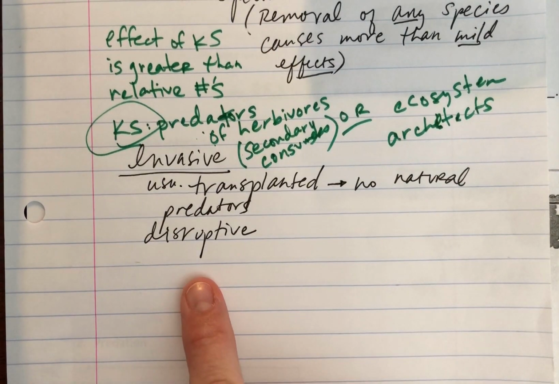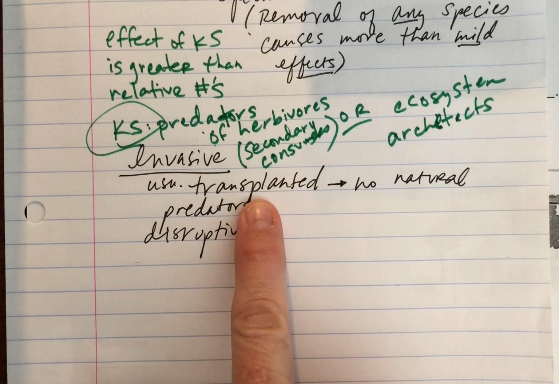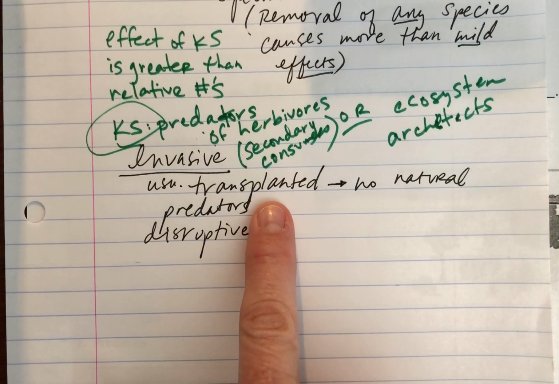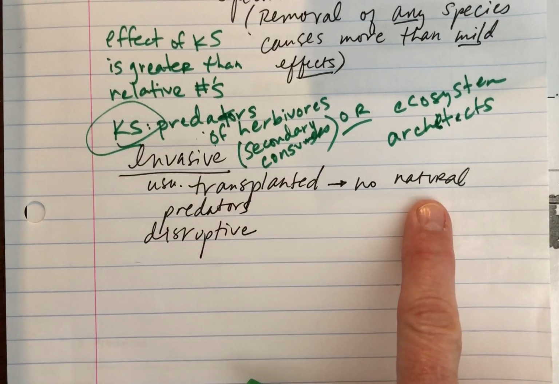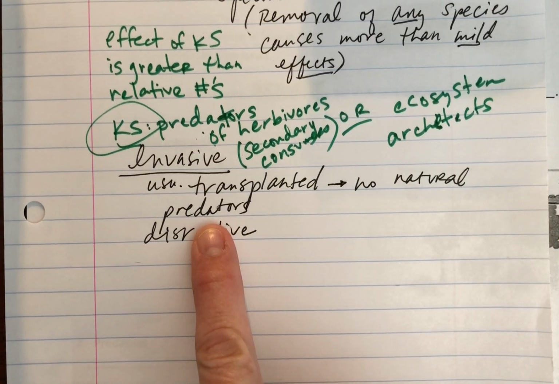A couple things to remember is that they're usually transplanted due to human misbehavior, right? So humans bring species into different ecosystems all the time just because they want to or because they're not paying attention. They do it by mistake, like on their boats or something. And the key about invasive species is that they have no natural predators in their new environment because they didn't exist there before.